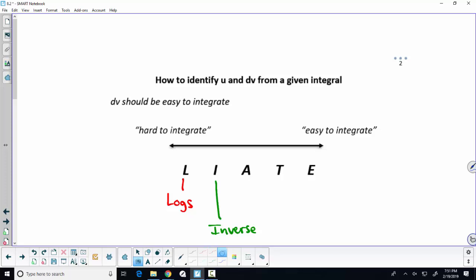A is for algebraic, polynomials, like 1 over x squared, those types of things, square roots. T is for your trig functions. And E for exponential.